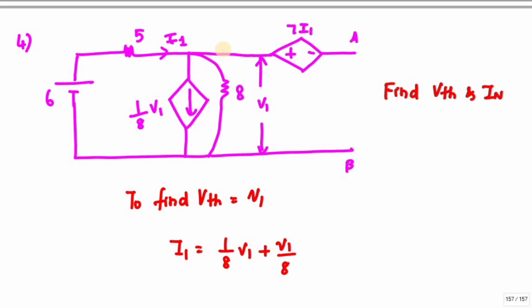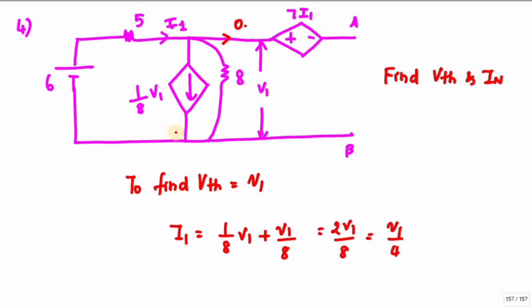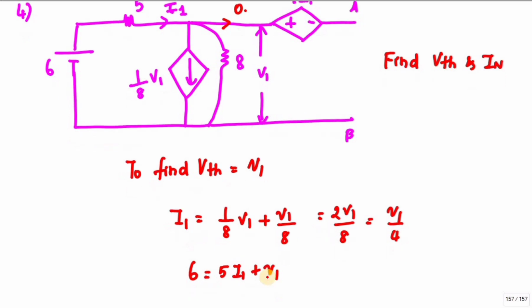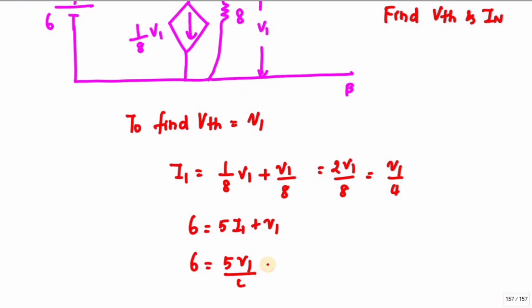So I can write this as 2 V1 divided by 8, that is equal to V1 by 4. Now for the first loop, 6 is equal to 5 I1 plus V1. I substitute the value of I1 equal to V1 by 4 in this equation.